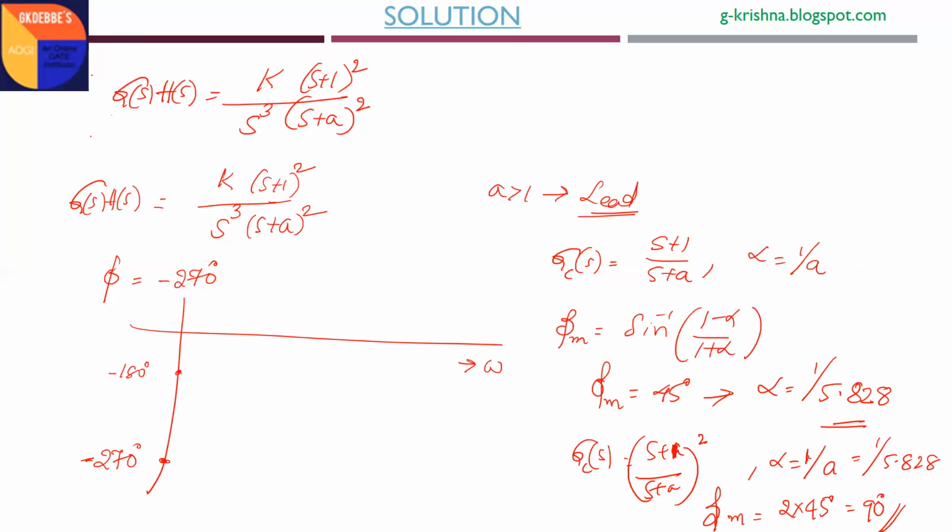If you connect the same two lead systems in cascade with K by s cube, and select a as 5.828, it will add exactly 90 degrees.